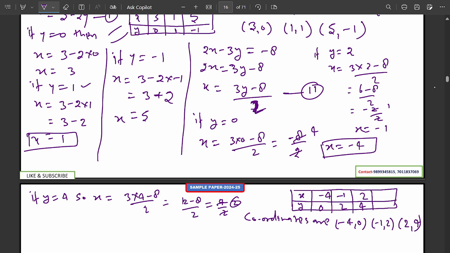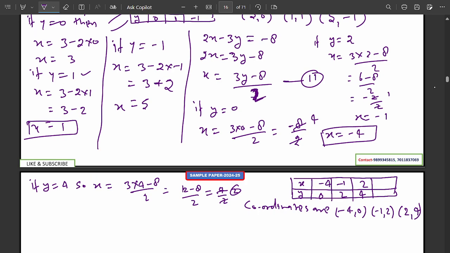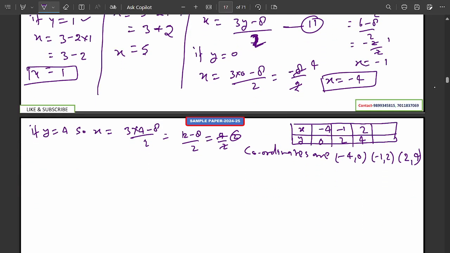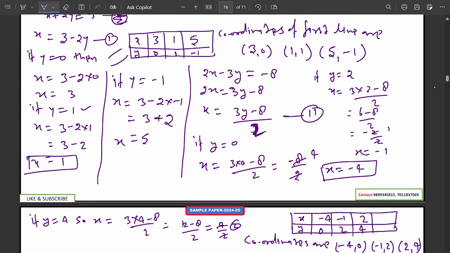So minimum 2 coordinates you can consider, or if you want, you can also consider 3 or 4 coordinates for any graphical equation. It will be very helpful for you, and you can draw a graph for this. If you want to check all the values again, you can.